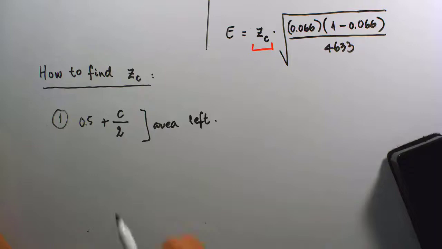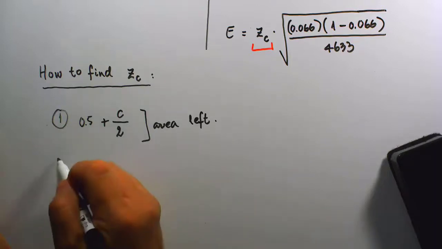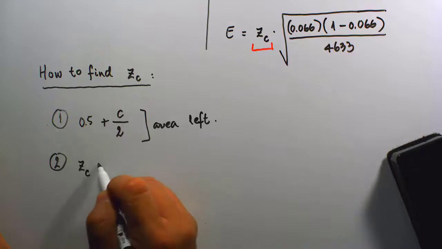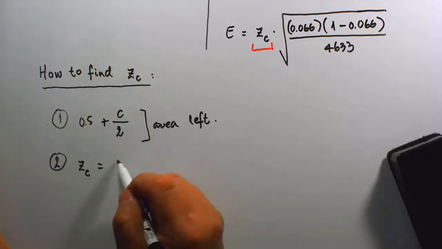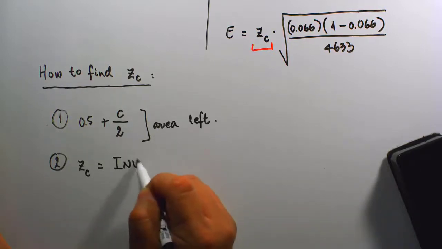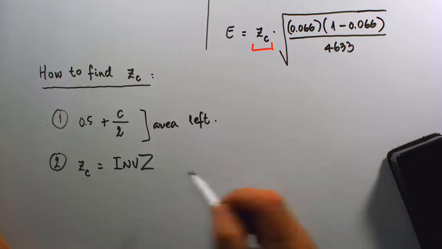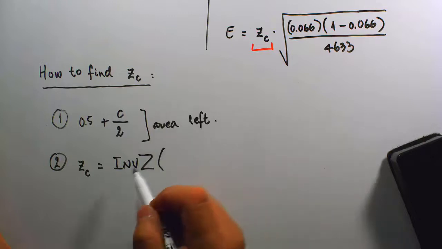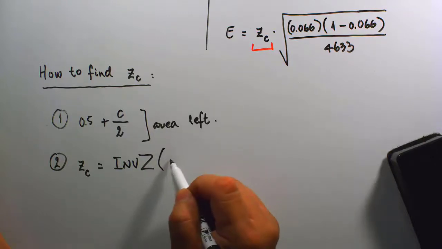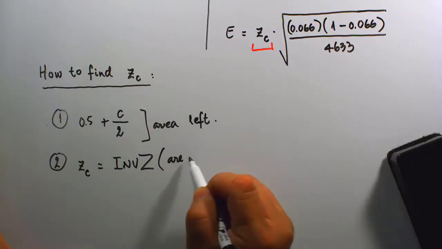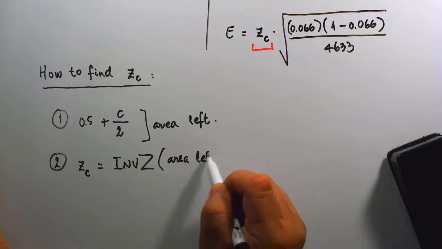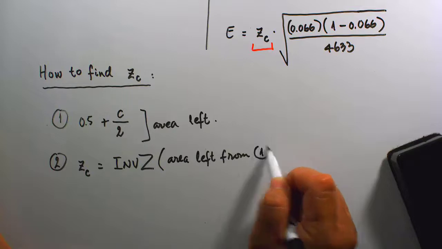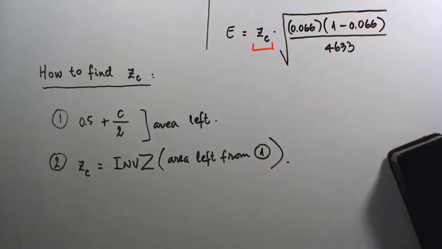Then, once we have the area left, to find z sub c the work can be easily done by running the INVZ program or any equivalent technologies over the web that serve a similar purpose. Here I'm going to run INVZ on the amount of area left from step 1. That's it.